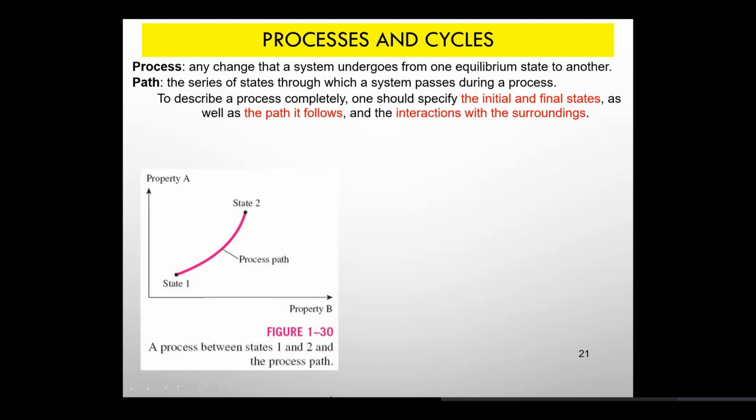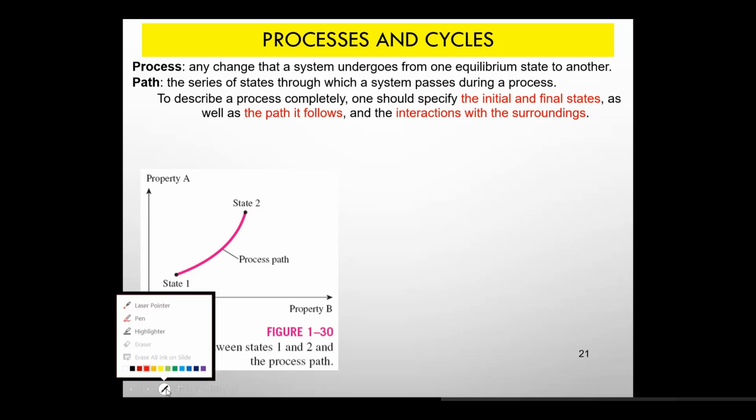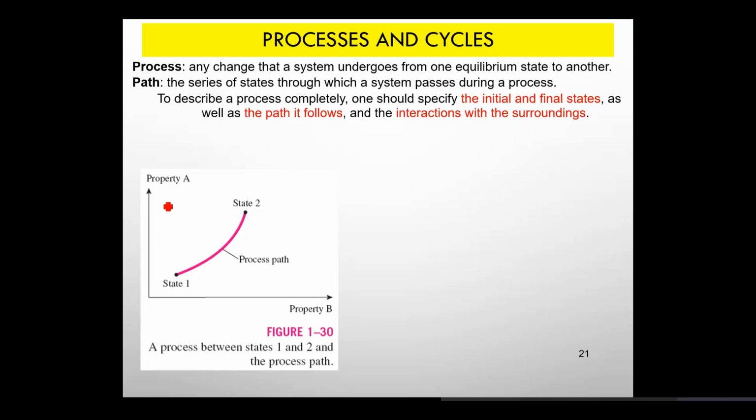So, the first thing, this diagram is between property A and property B. Why have I chosen these properties? Because by the state postulate, I know that I need two independent intensive properties to define the equilibrium state of my system.